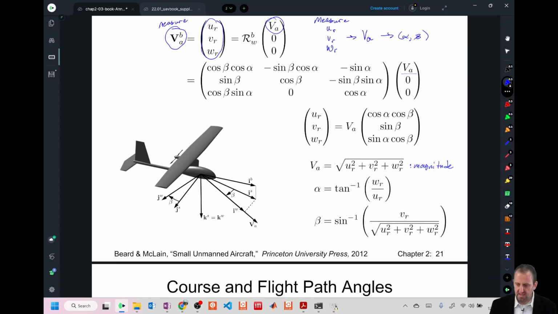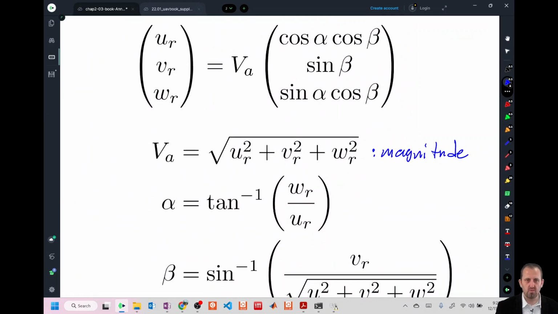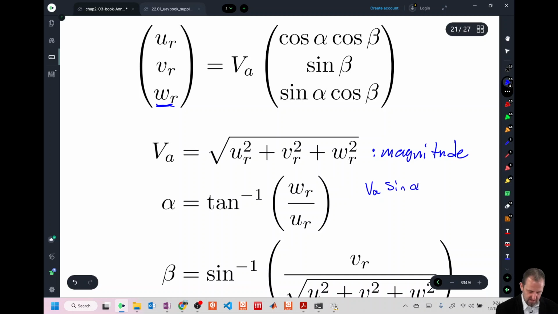Then we can define alpha using some nice relationships. If we look at this equation, you might wonder where in the world it came from. Well, W sub R is equal to V sub A sine alpha cosine beta, and U sub R is equal to V sub A cosine alpha cosine beta.